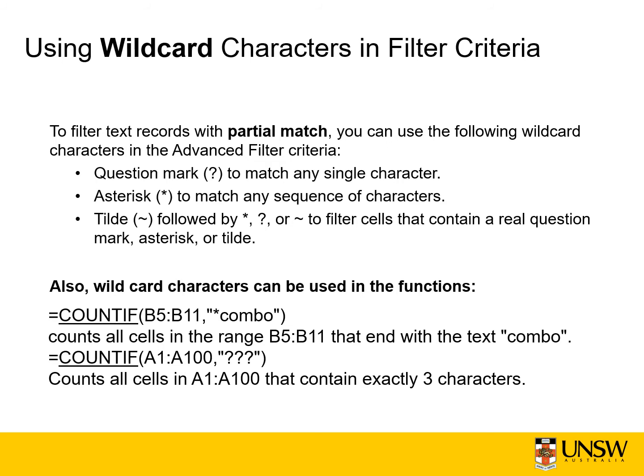To specifically look for Excel asterisk, you need to use the tilde so that our search string just returns Excel asterisk. Please remember that in addition to the usage of wildcard characters in filtering, they can be used in functions as well.